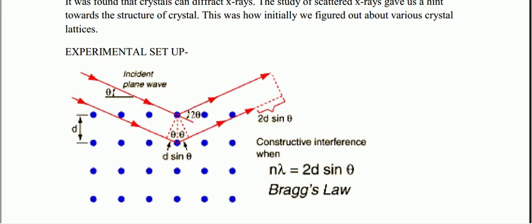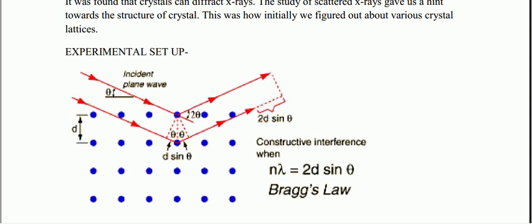The red lines are the incident wave or the incident X-rays. They fall on the crystal, I mean, they hit the atoms of the crystal and get deviated. The upper part of the incident light and the lower part of the incident light interfere here and produce an interference pattern.